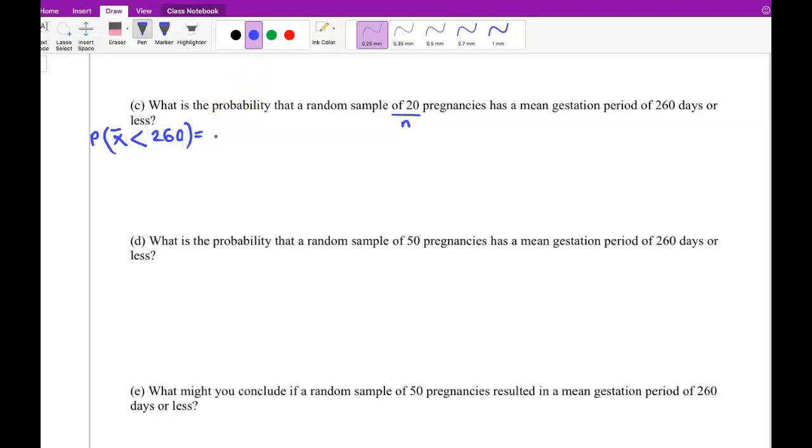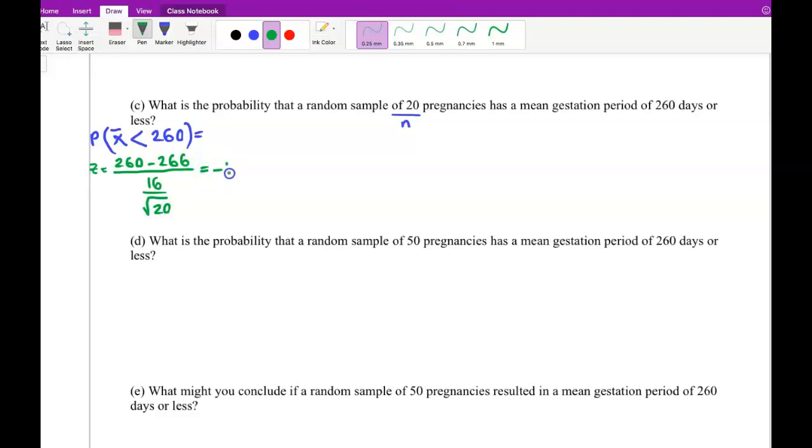So again, find Z first. X bar is 260 minus 266, divided by 16 divided by the square root of the sample size, 20.